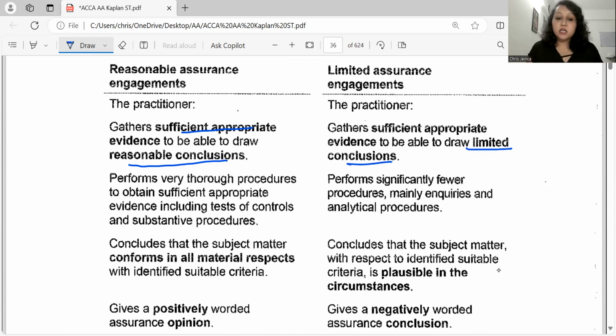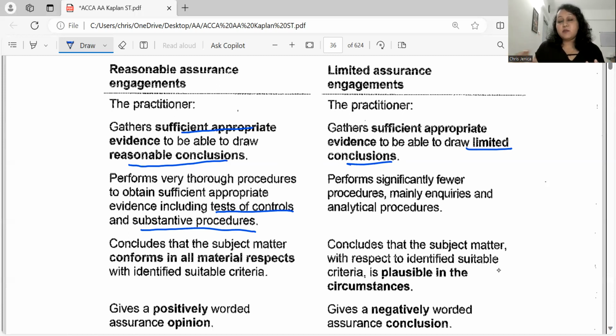Because under reasonable assurance, we are going to do test of controls and then substantive procedures. So that's going to be an extensive audit procedure carried out regarding the internal controls of the organization. And then based on that conclusion, we'll be carrying out audit procedures, that is substantive procedures, in order to detect any material misstatements, and then we will be gathering the evidence.